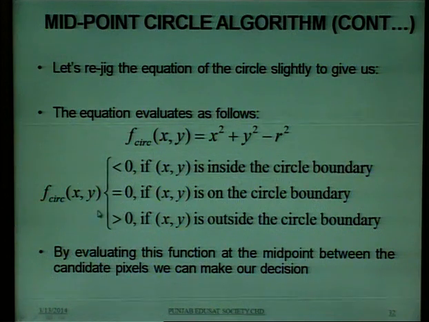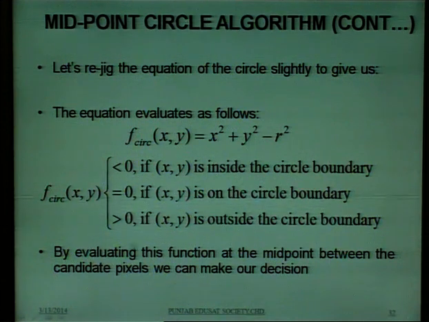Then f of x and y is less than 0 if x and y is inside the circle boundary, it will be equal to 0 if x and y is on the boundary of the circle, and if x and y is outside the circle boundary, then the value of f(x, y) will be greater than 0.